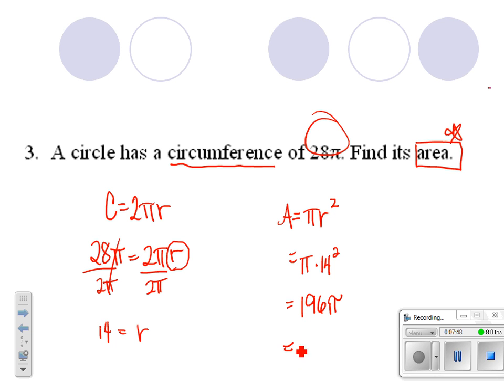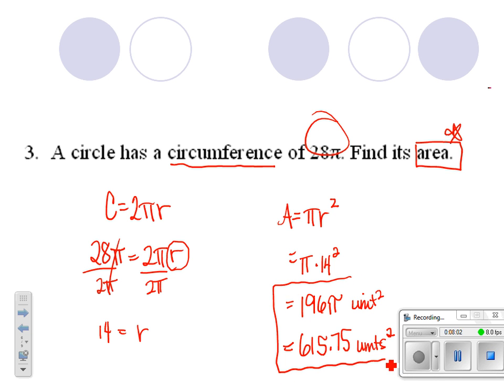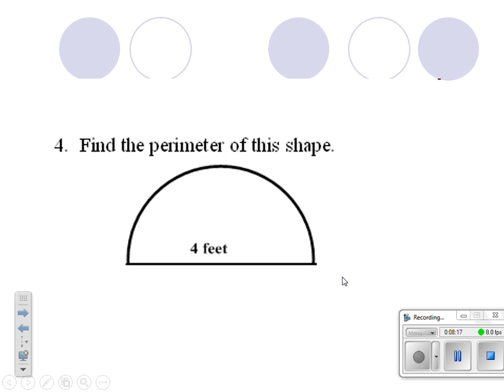And that would be the same as, if I wanted a decimal answer, 615.75 units squared. So this would be square units. So if I wanted my answer in terms of pi, I would say 196 pi. If I wanted it not in terms of pi, I would say 615.75 units squared.